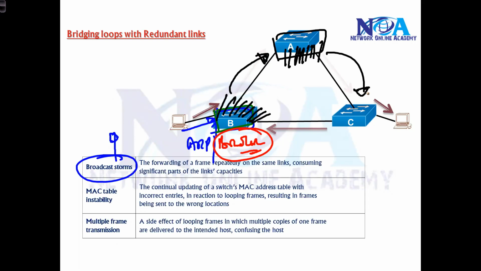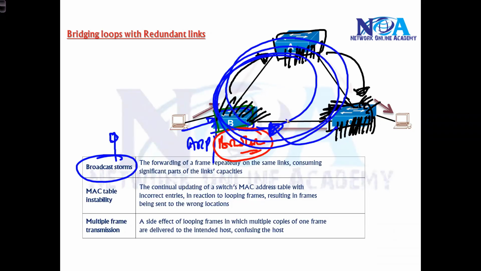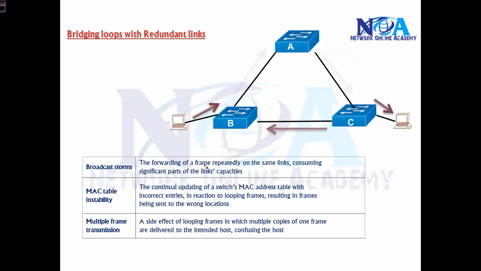Like that, it will be forwarded to the next switch, and likewise switch C receives this broadcast, and if it doesn't know the destination MAC address, it will send out of all the interfaces and it will come back again. So we call this a broadcast loop, or in technical terms a broadcast storm.